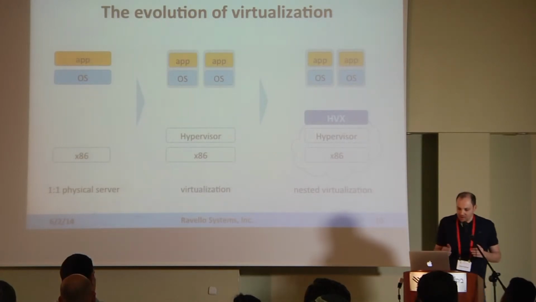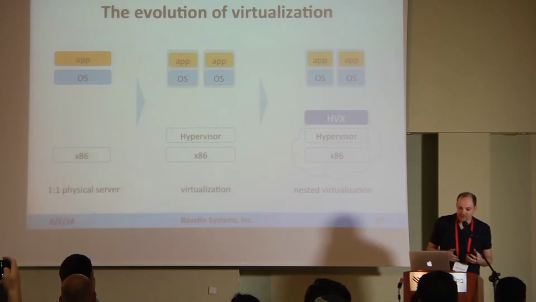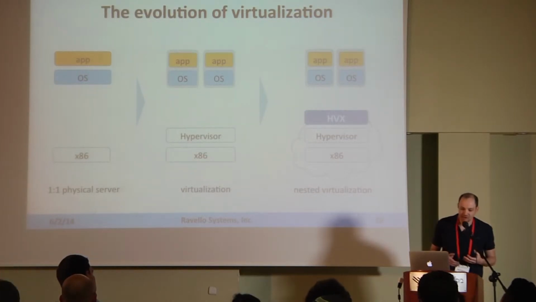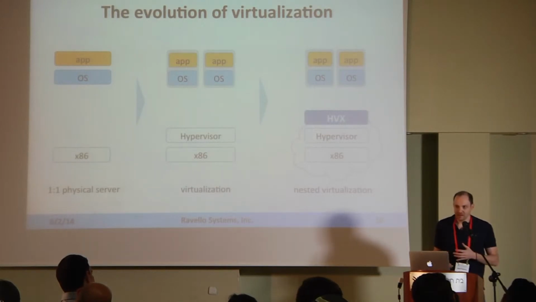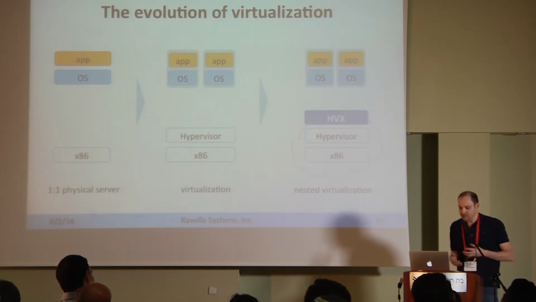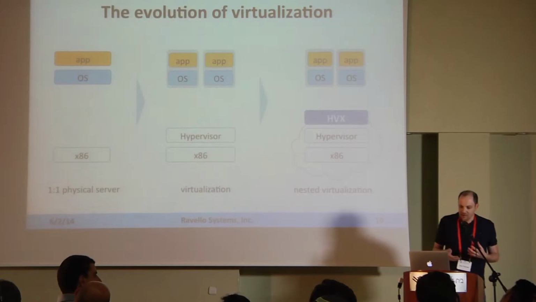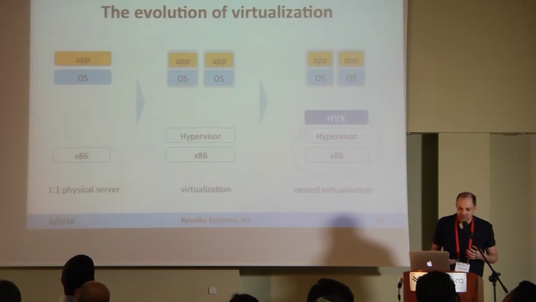Now on the right is what we are trying to achieve. As you can see, we developed a special layer called HVX, which enables you to run another hypervisor on top of an existing hypervisor. That means you can take a VM and run multiple VMs on top of it, so we get a second layer of virtualization.